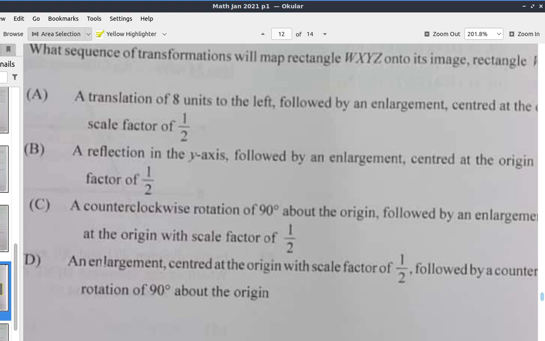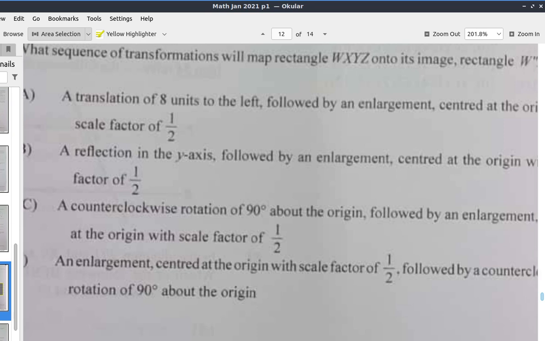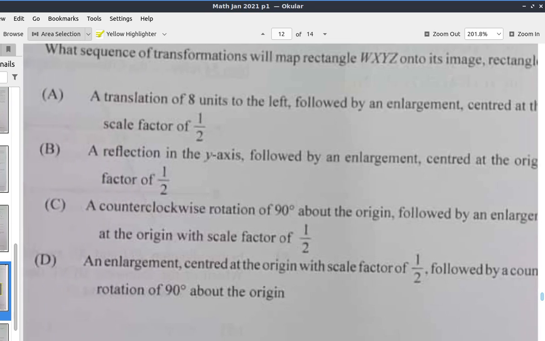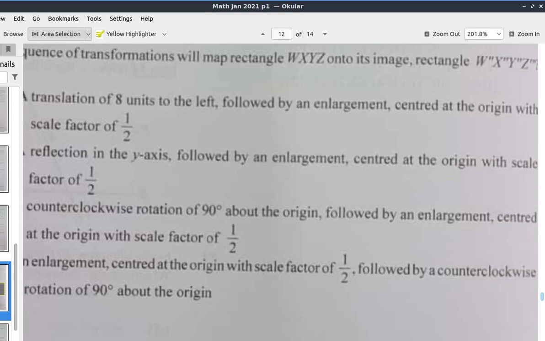B. B seems to be working, followed by an enlargement, center origin with scale factor half. Oh, you see that B would be the one. Here, counterclockwise rotation, 90 degrees about the origin.